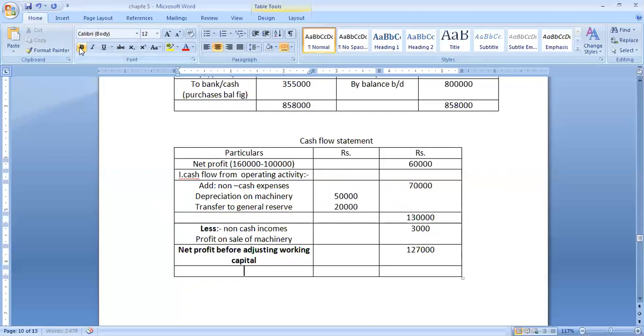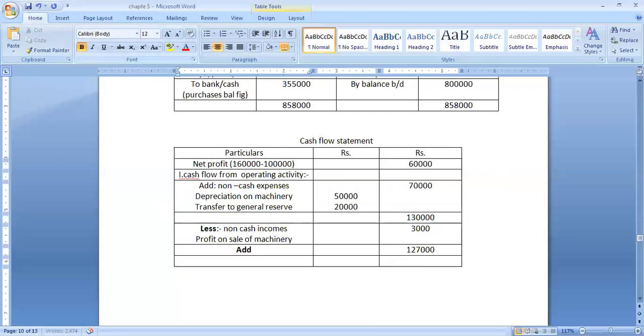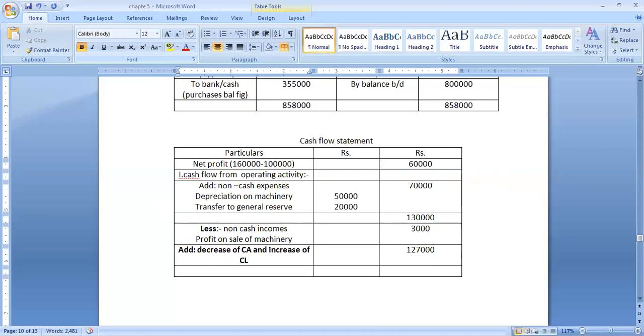Okay. So now adjust the working capital information. So what is the working capital? You will be adding decrease of current assets and increase of current liability, which is indicating the inflow of cash. Okay.